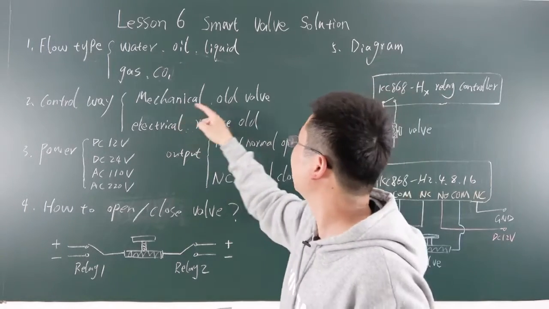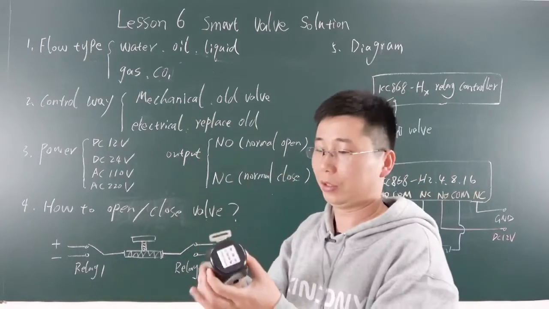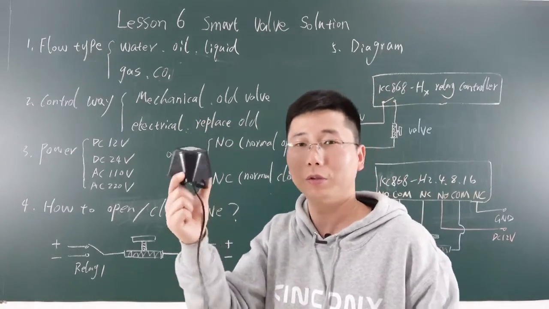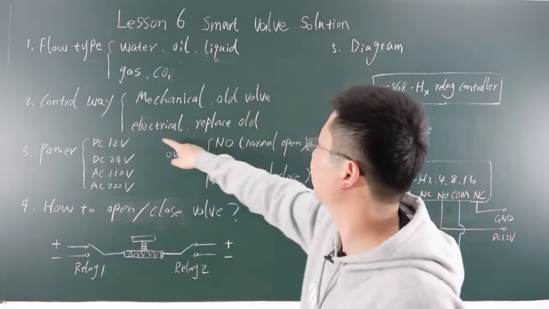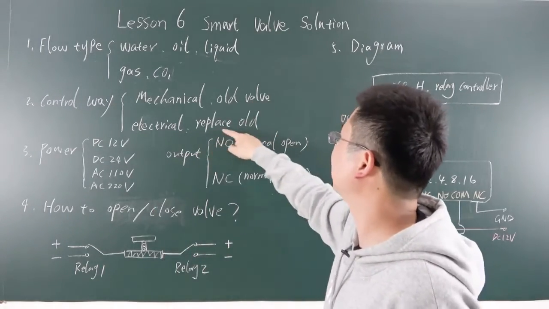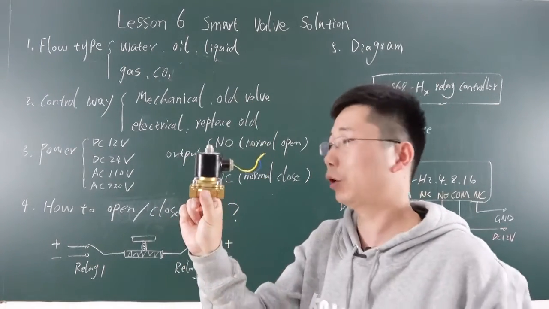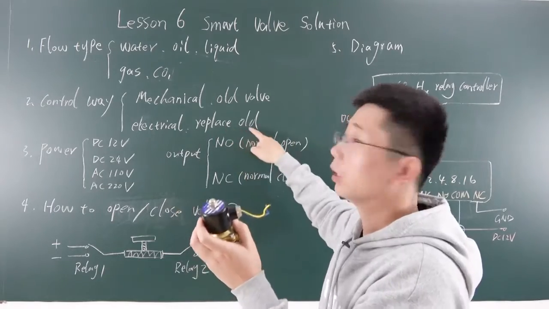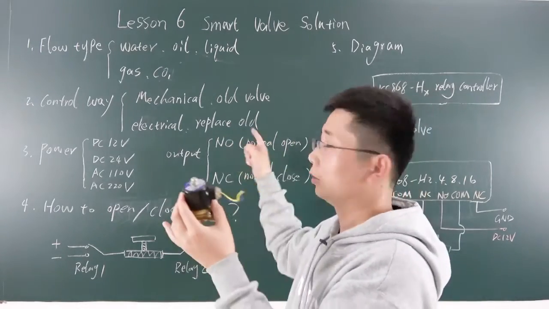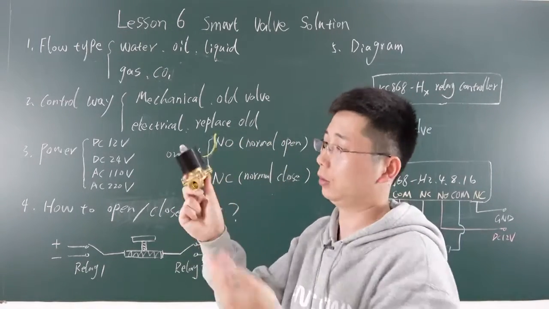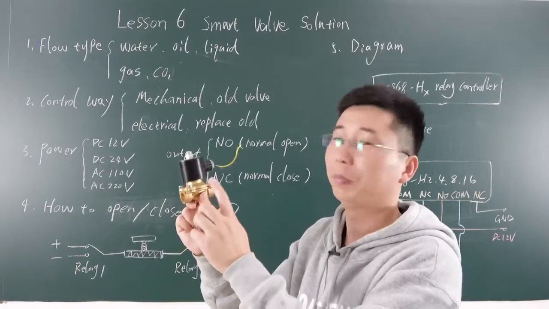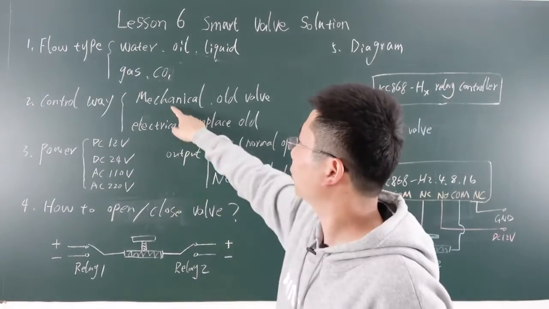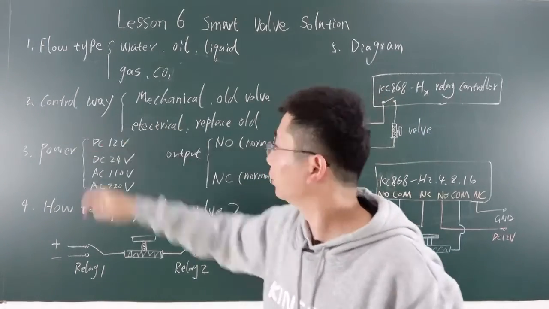And if the valve is broken, you just replace this with a new one, okay. If you use the other way, you need to install this electrical valve instead of the old one. So if this is broken, it's difficult to replace. Okay, these are the two kinds of control way.